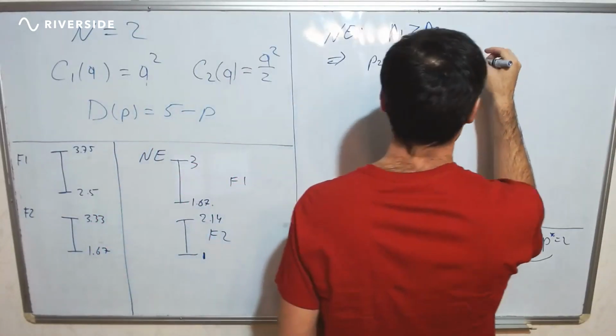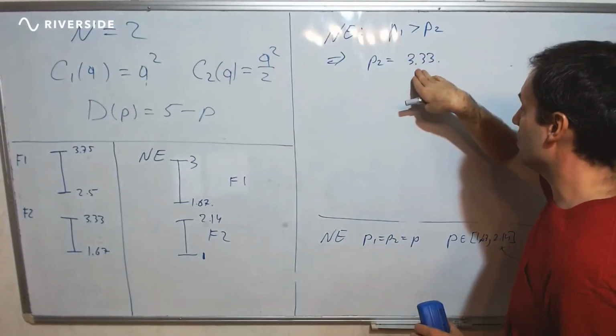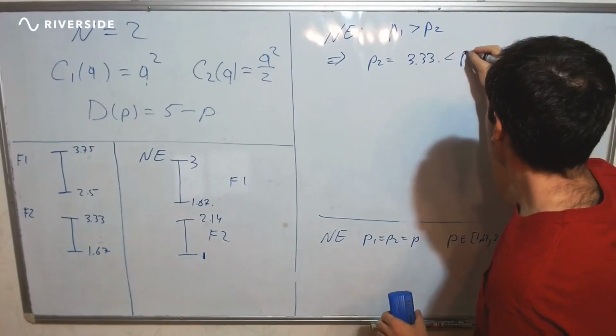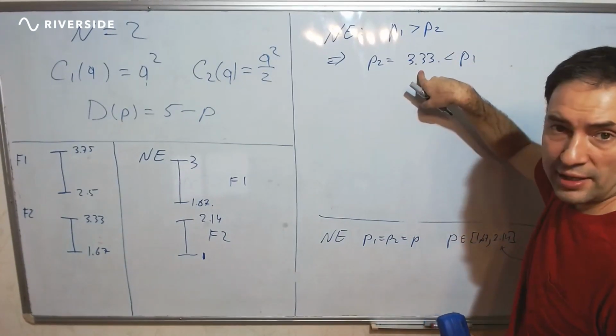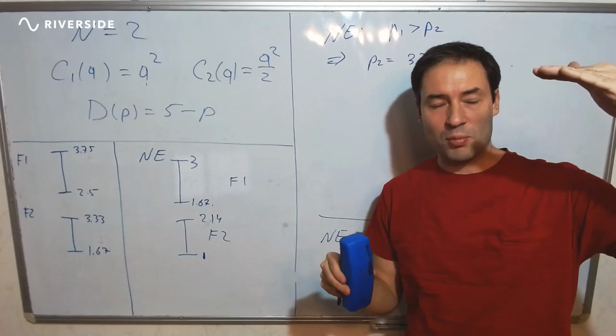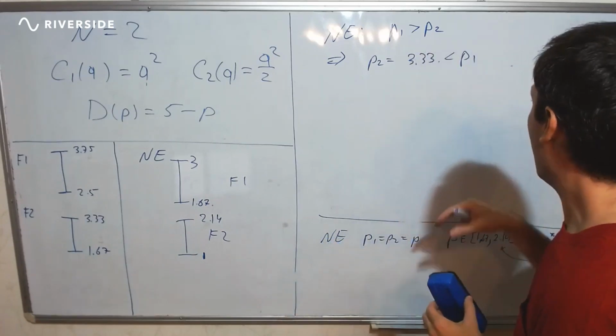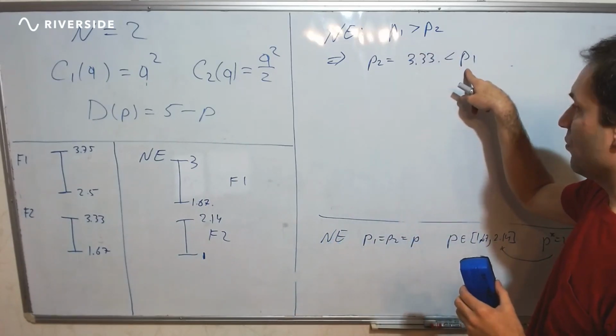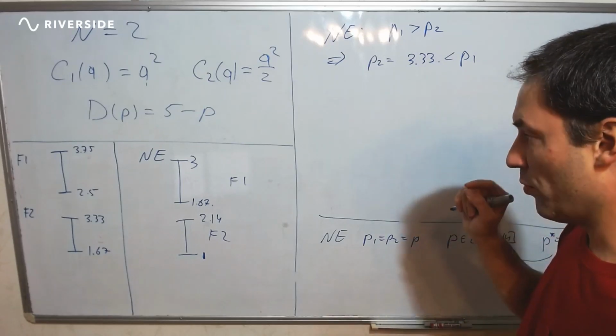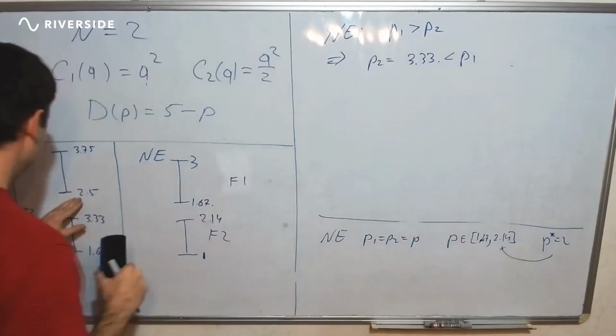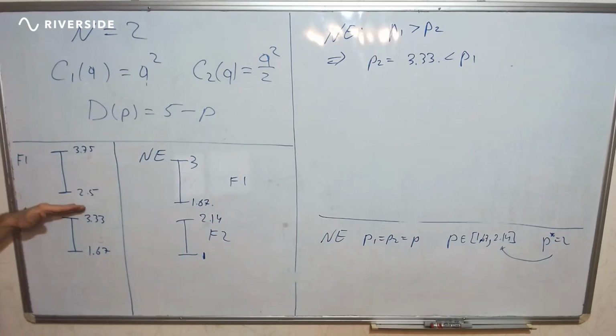But then obviously, if P2 happens to be this and P1 is bigger than that, then firm 2 would not have incentive to move because it's already sitting at monopoly price. It's perfectly fine. Notice that for P1, obviously it's sustainable to charge some price below 3.33. It's somewhere in the middle, and make a positive profit.